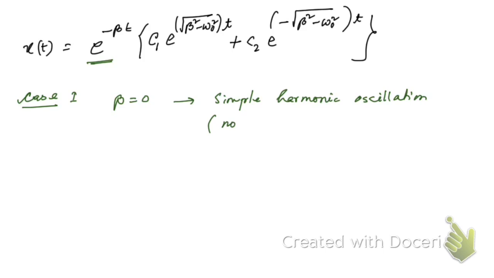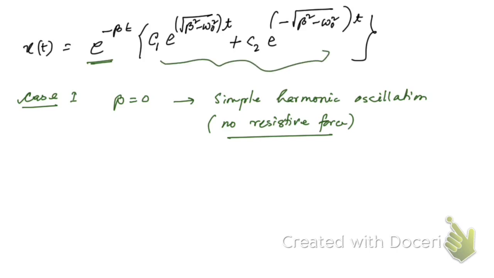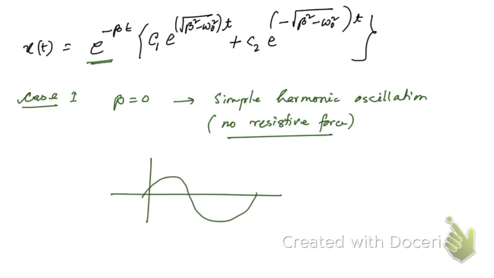That means there is no resistive force like friction or air resistance. Then we are left with only this term, which gives the oscillation. The graph of oscillation will be like this, sinusoidal maybe, or a cosine graph.